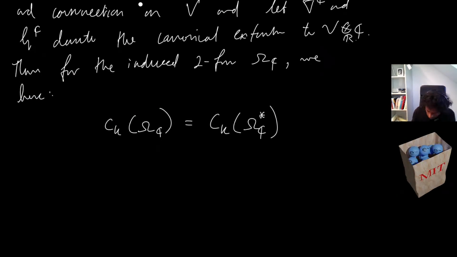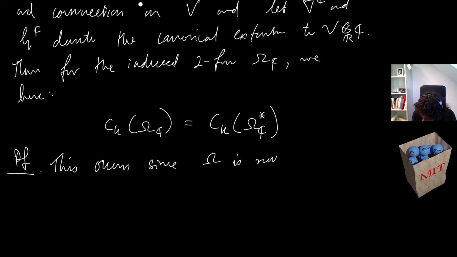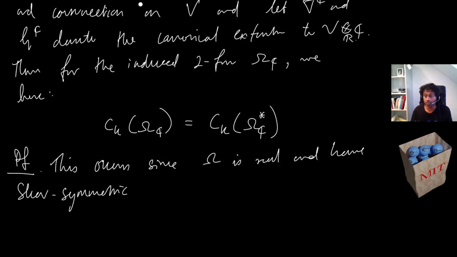All right, so why do we have this? This occurs since omega C is real, and hence skew symmetric. Not just skew Hermitian, it's skew symmetric.